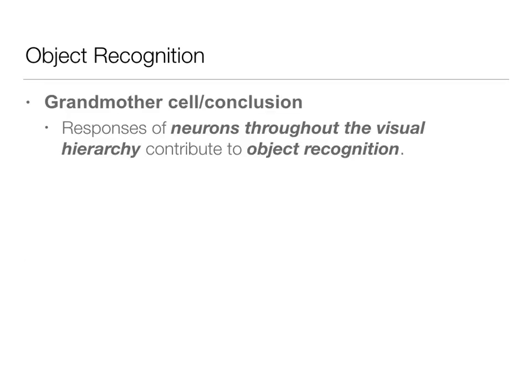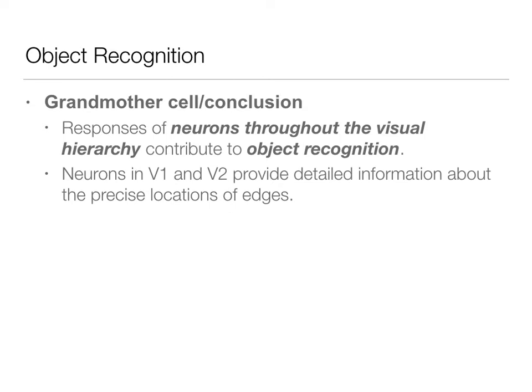So the conclusion is that really neurons throughout the visual hierarchy contribute to object recognition. There may be some specific cells that are involved, like we saw with the Sydney Opera House, but it really is not just one cell that is responsible for the whole object recognition; it really is neurons throughout this hierarchy that are involved.